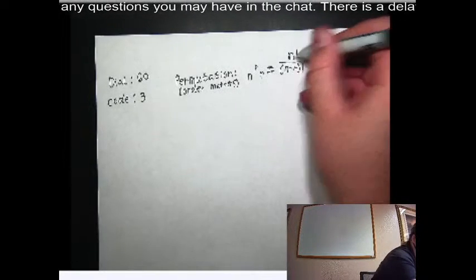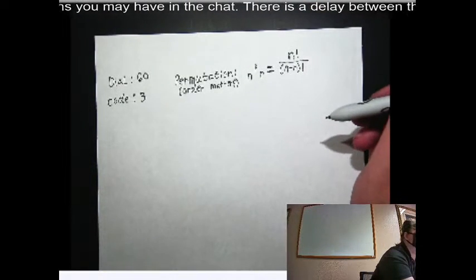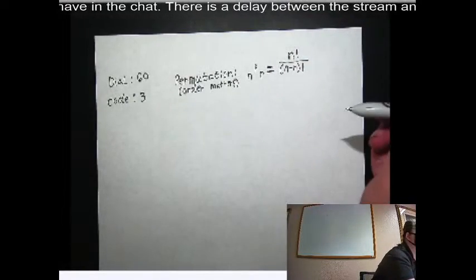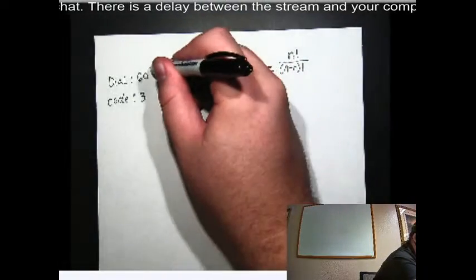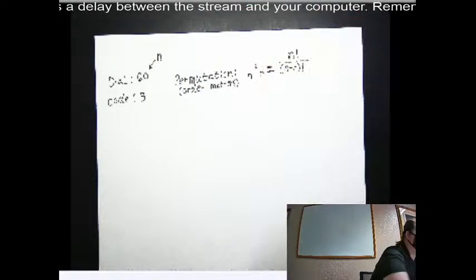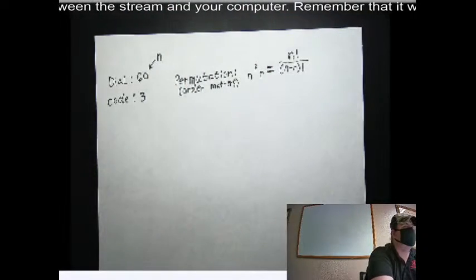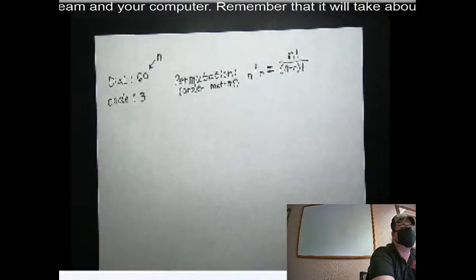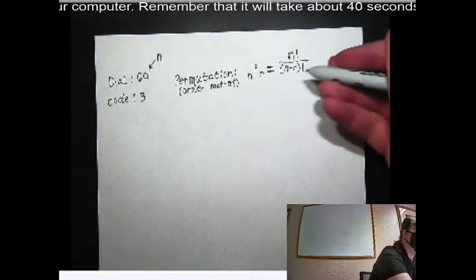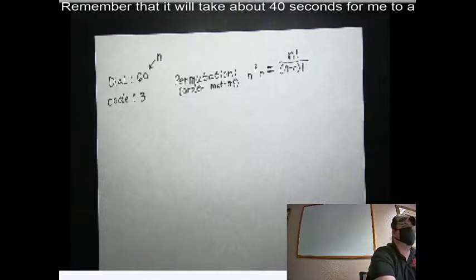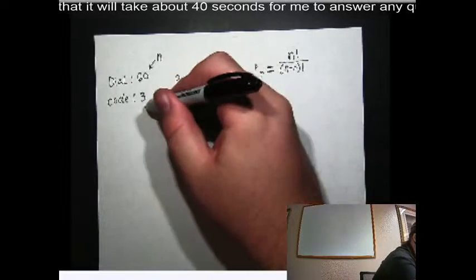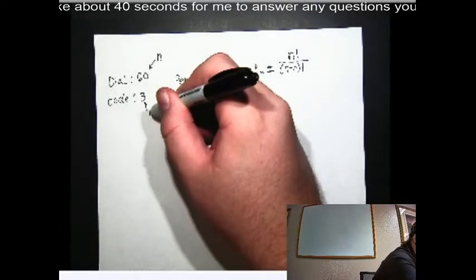So n is the number of things on that dial. So we have 60 numbers on that dial. This is our n. r is the slots that they can be organized into. So we have 3 slots in our code. That's our r.